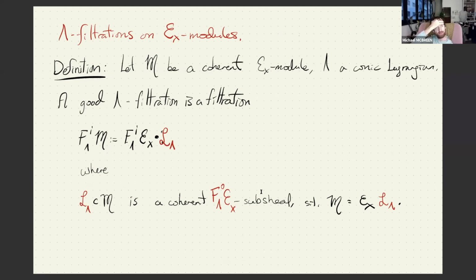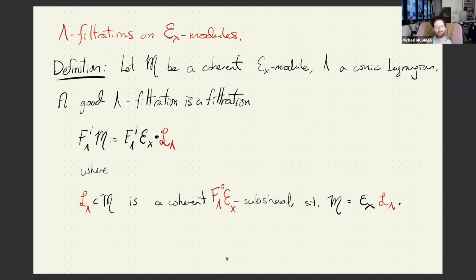Okay, so we have this filtration on our operators, and we can also talk about compatible filtrations on modules. So if M is a coherent module, and again, lambda is a conic Lagrangian, then a lambda filtration, I think these are now called V filtrations.